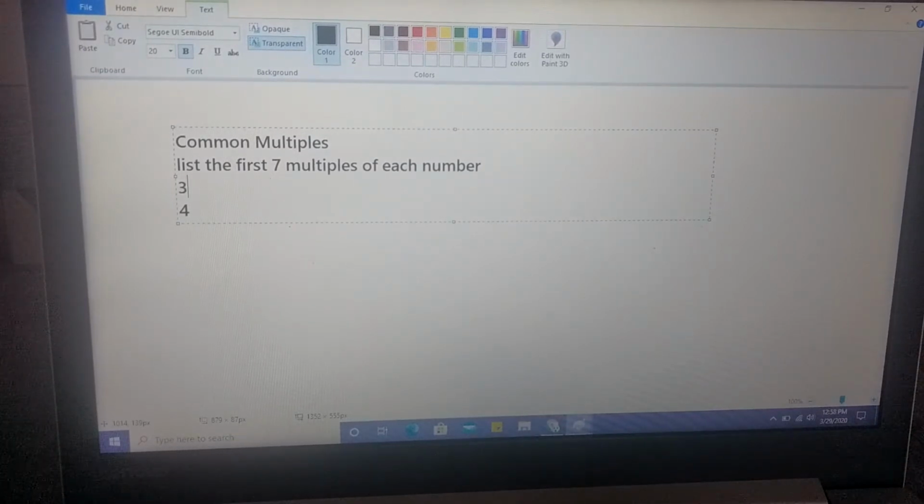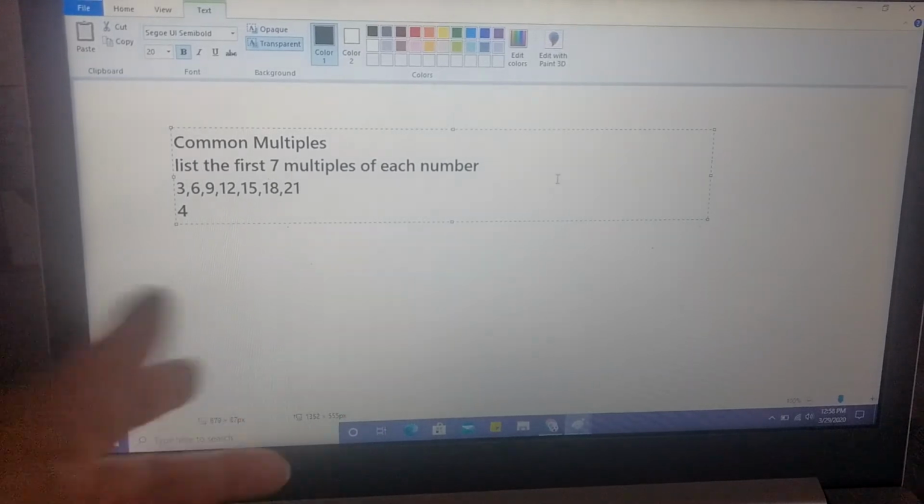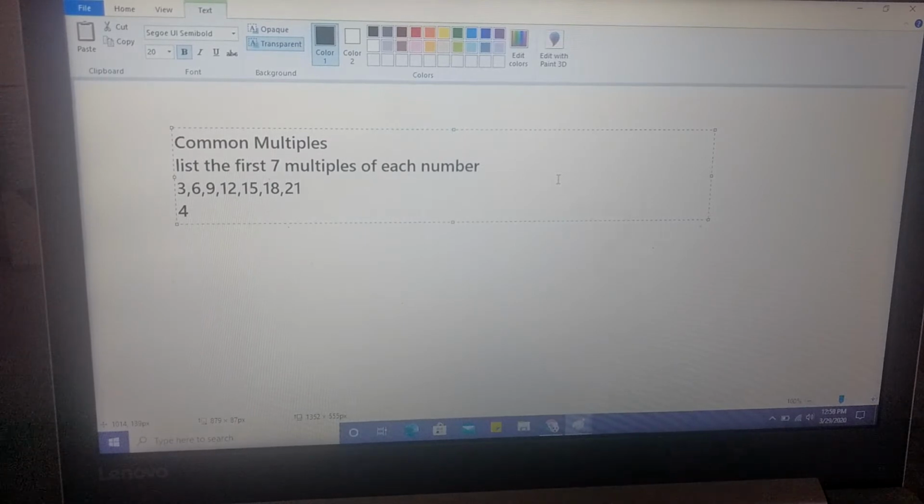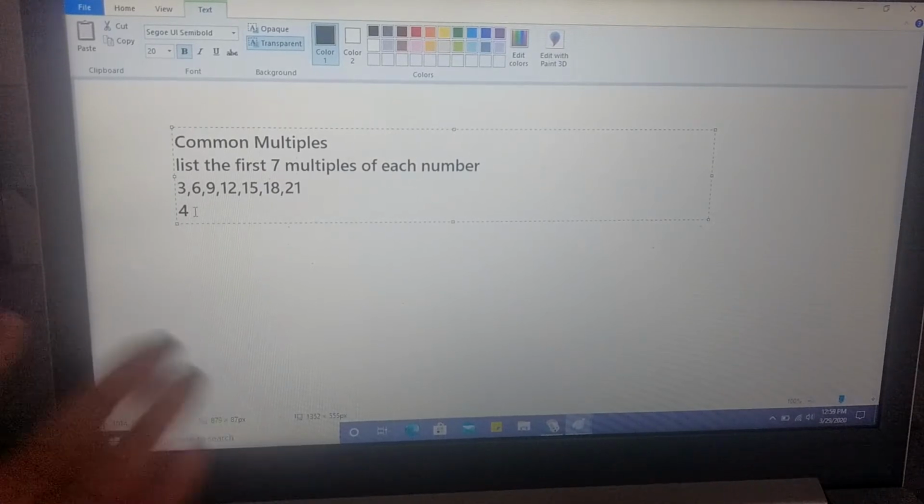So first we'd have 1 times 3 is 3, and then 6, and then 9, and then 12, 15, 18, and then 21. I got these numbers by skip counting or thinking 1 times 3, 2 times 3, 3 times 3, 4 times 3, 5 times 3, 6 times 3, 7 times 3. That's how we're getting our multiples, because those are the numbers that the factor can make.